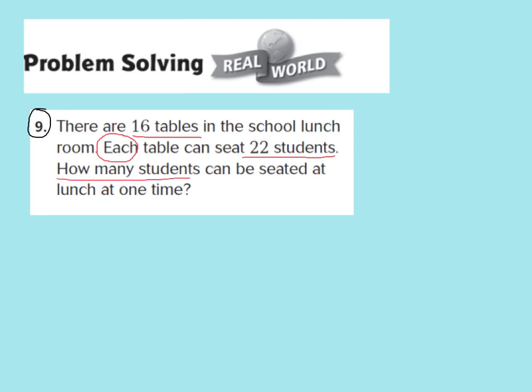So we know that we have 16 tables, and there are 22 students at each table. And we want to know how many students can eat at lunch at one time. Well, I need to multiply. So I have 16 times 22.